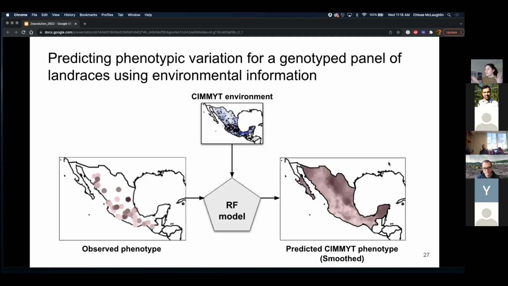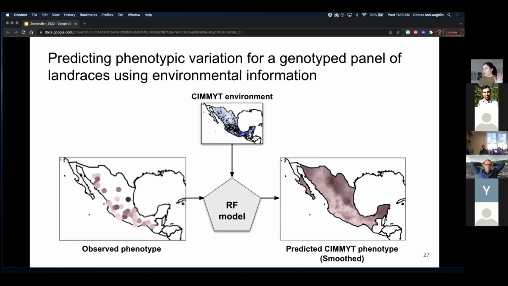So once we've constructed a model that's representative of how our trait changes across combined environments, we can predict phenotypic variation for individuals that we don't have any phenotypic information for, but are georeferenced, so we know aspects of their home environment. In this case, we used a subset of genotyped CIMMYT landraces.